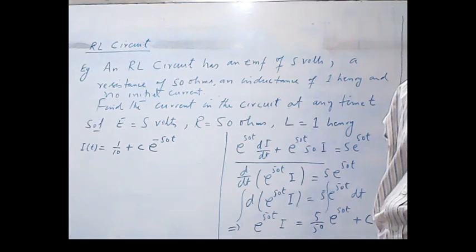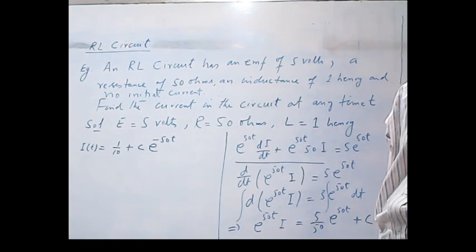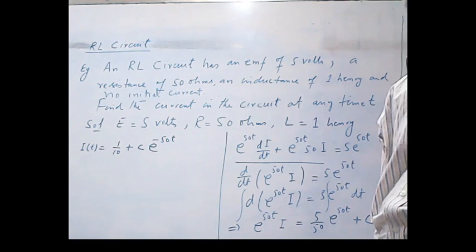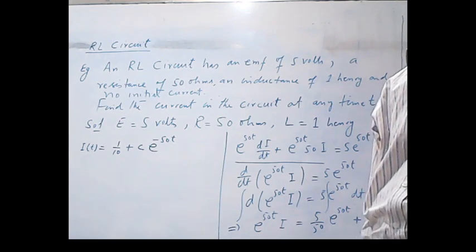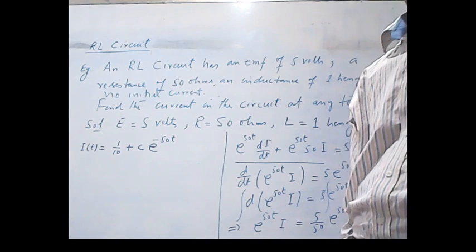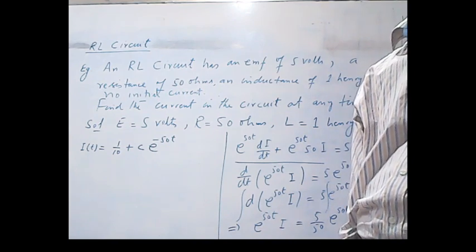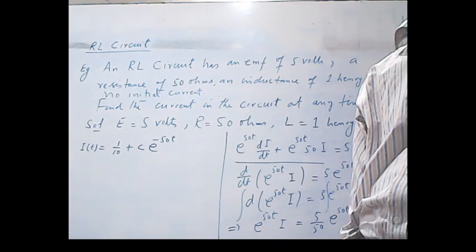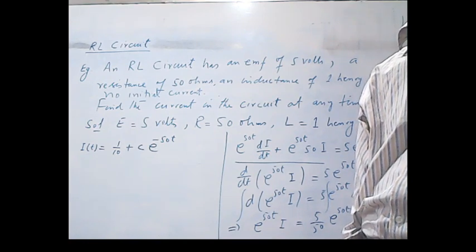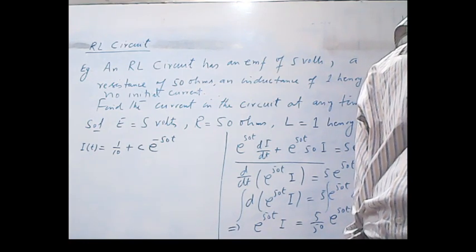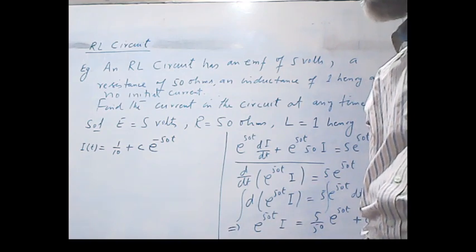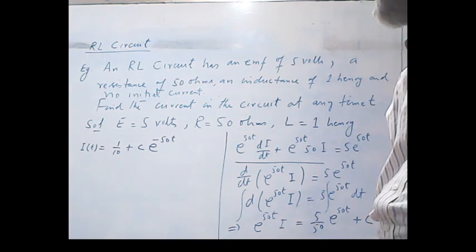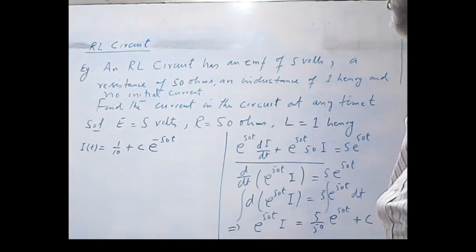So it is easy to use the model of the RL circuit, substitute the values of L, R, E, and then the equation transforms into a simple linear form. Then find the integrating factor and multiply, then solve the equation for current with respect to time t. So basically this is the required equation, the current in the circuit at any time t.